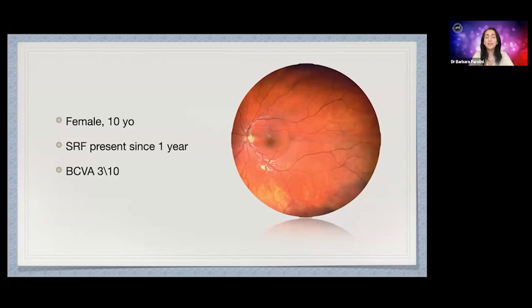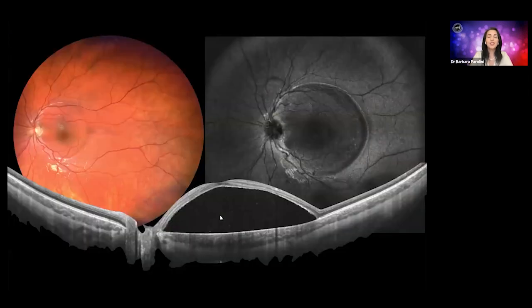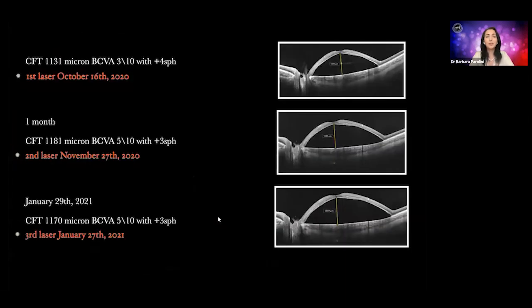A different case, a child, a female, 10 years old. She has had macular detachment for 1 year or maybe more. Vision now is 3/10. And she is a child, vision is not so bad. This is the first approach. I decide not to take her immediately to surgery, but to try micropulse laser. So I start with 3 sessions on a bi-monthly basis.